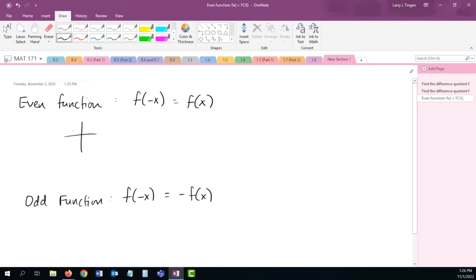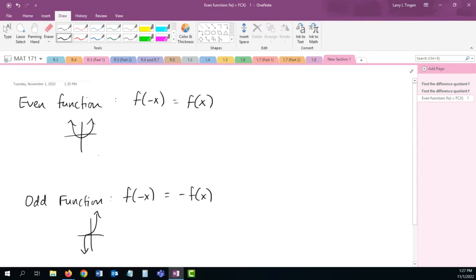Examples of the even function are parabolas, right? If I plug in negative x, I get back whatever I originally started with. An example of an odd function is a cubic. So it looks like this. Okay.